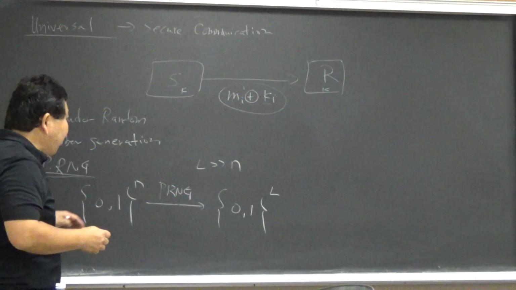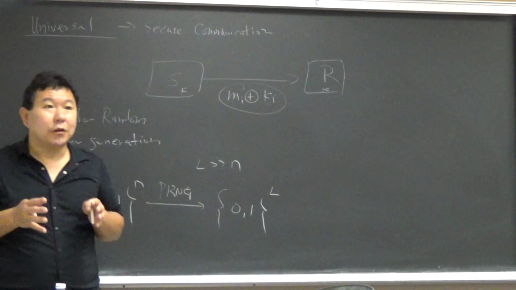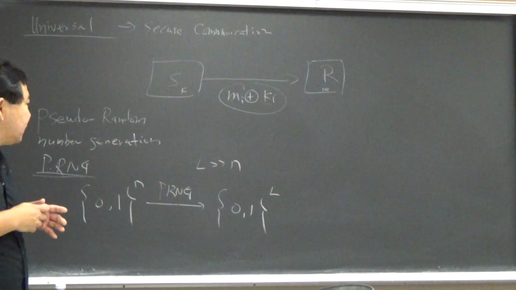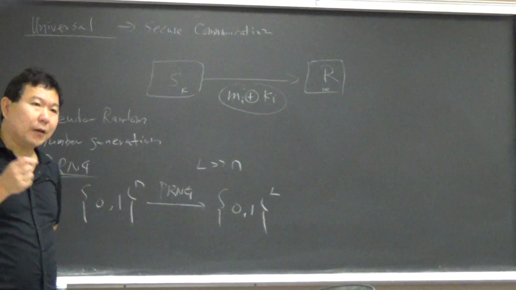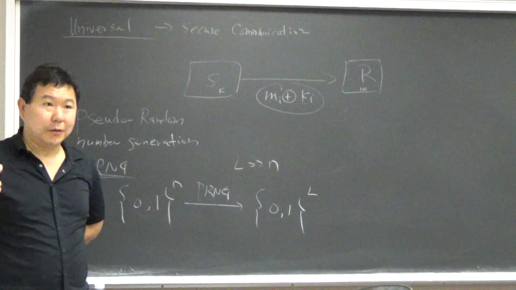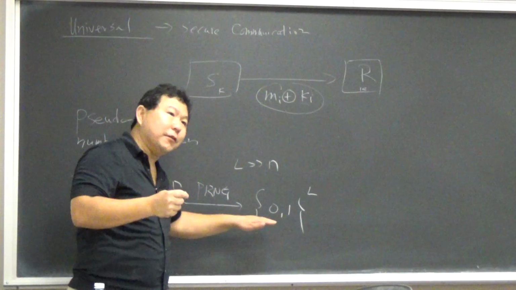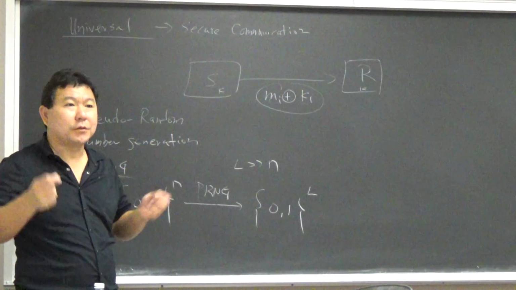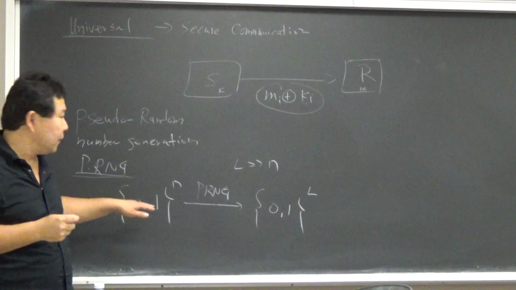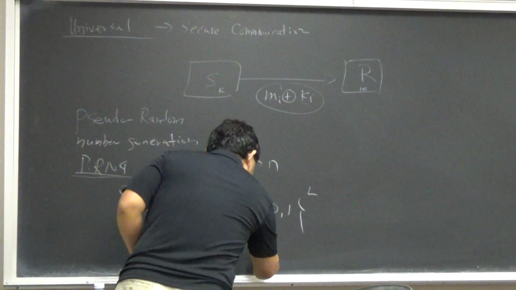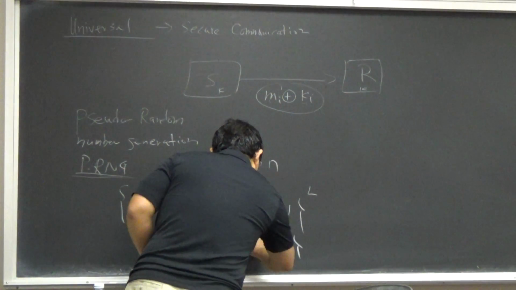But we want the longer string to be so-called pseudo-random, in the sense that for all purposes of computation, particularly in the language of polynomial time, we want to argue this string, or this distribution of strings, behaves almost exactly as if you draw from a uniform source. So there's a purely uniform source out here, right?